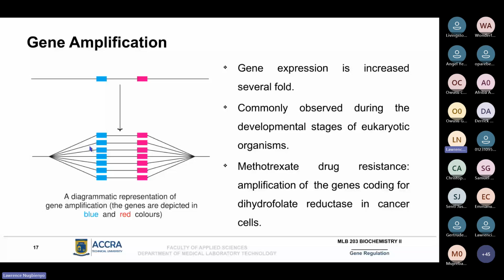there are certain drugs. So there's an example here, which is methotrexate. Methotrexate is a drug for cancer, but when it's administered over a very long period of time, the body begins to develop some resistance to the drug.